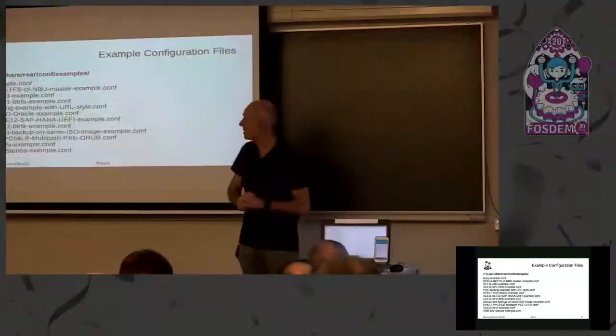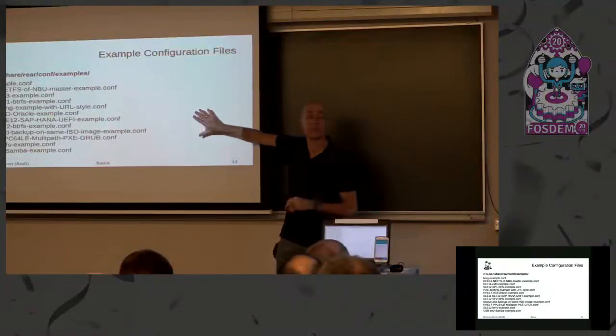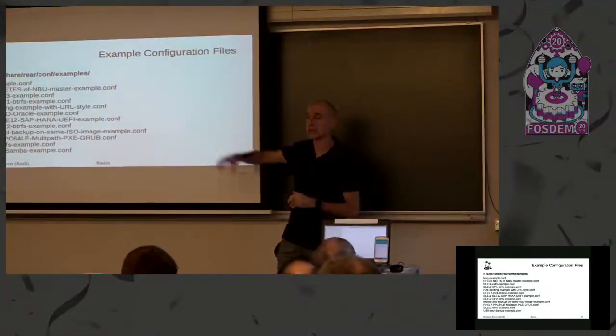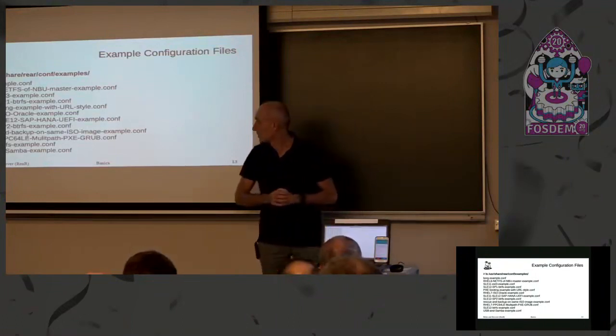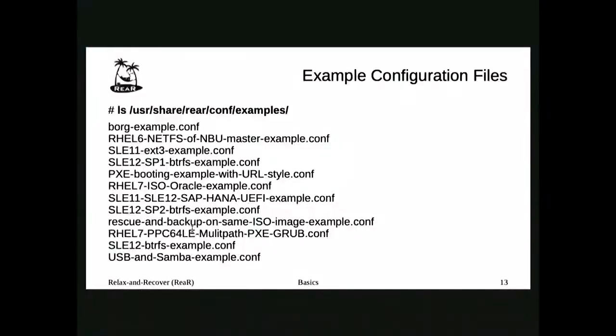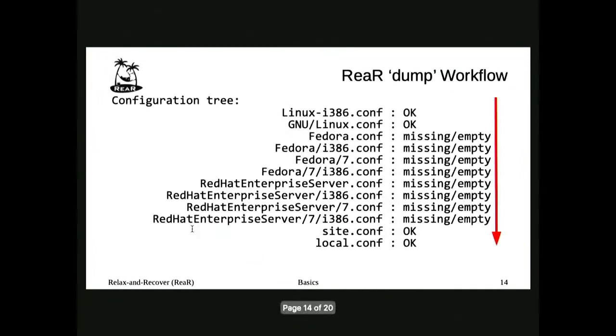There are so many things that are already shipped with ReaR. You can find it in the default configuration subdirectories in the examples. I think there are a lot of examples in there which are useful as a start. If you are not sure what to do, you can just have a look at it, and then you have a clue, in fact.